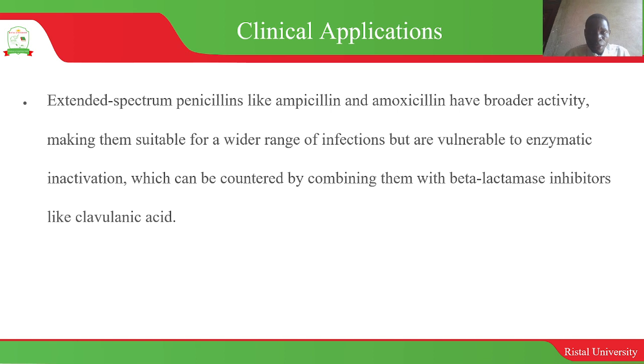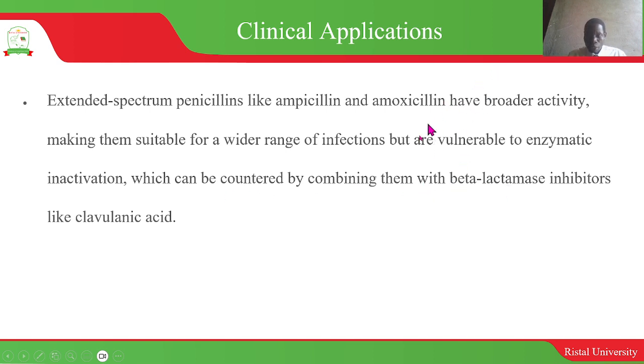Clinical applications continue. Extended spectrum penicillins like ampicillin and amoxicillin have broader activity. So when we say ampicillin and amoxicillin, we call them the extended spectrum penicillins. This makes them suitable for a wider range of infections, but they are vulnerable to enzymatic inactivation, which can be countered by combining them with a beta-lactamase inhibitor.